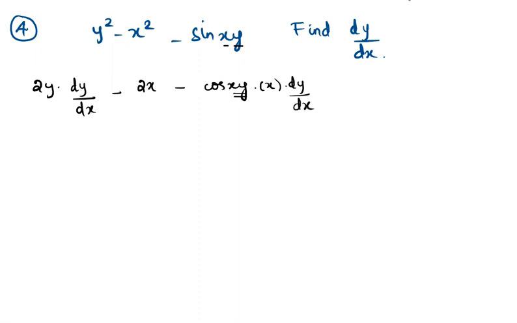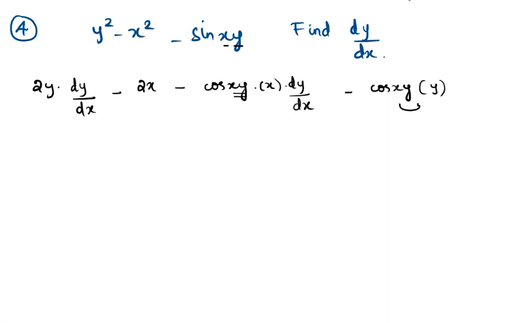Next, again we will differentiate keeping x as it is, and we will differentiate y. So what will happen, let's see here. This will become minus cos xy, and with xy differentiating x, here it will become y, right?